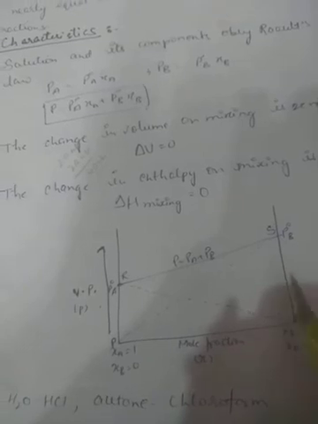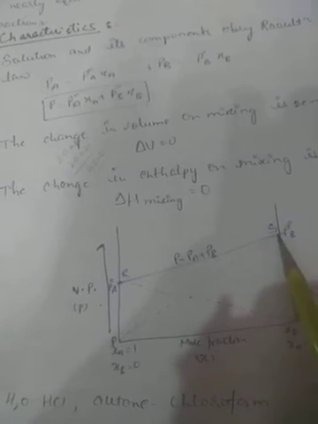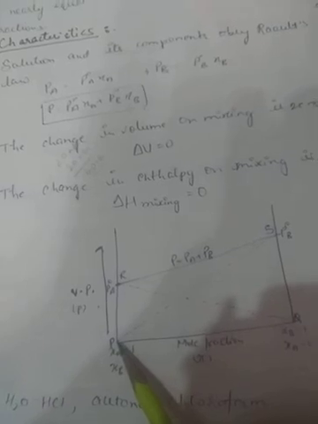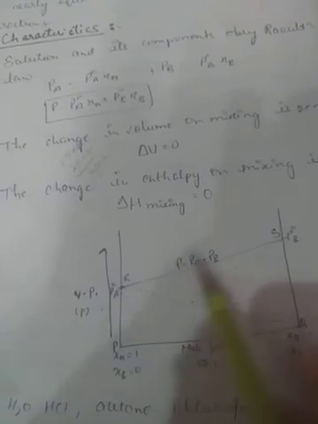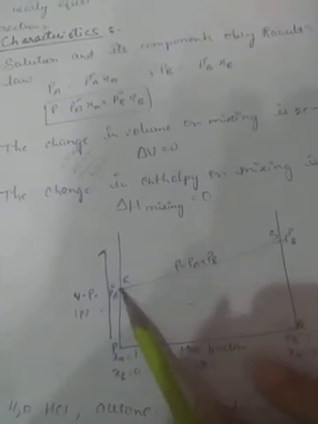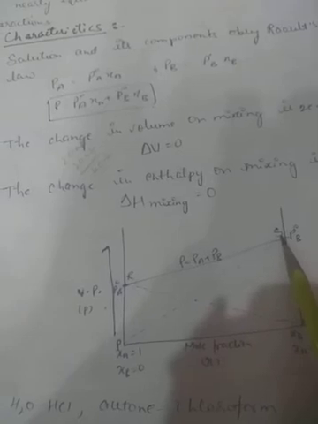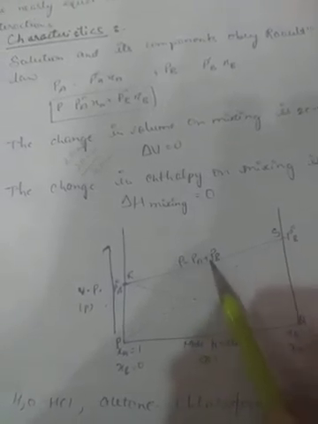On the other hand, for P naught B or the component XB, here its vapor pressure is maximum, and as its mole fraction decreases to 0, its vapor pressure will also become 0. This line R and S shows the vapor pressure of the solution. P is equal to PA plus PB.